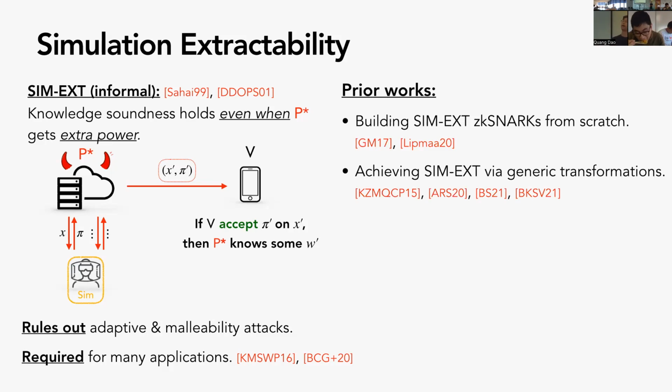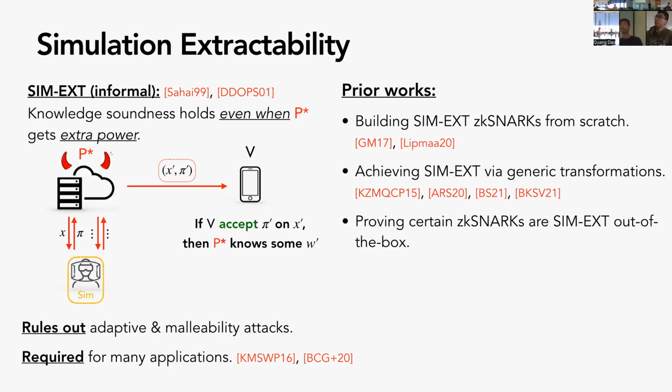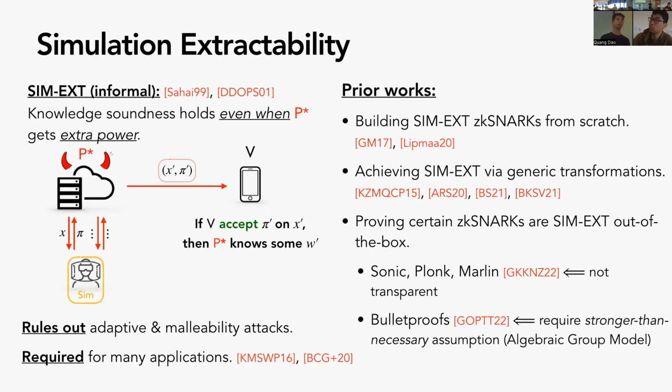Prior works have shown that we can either build zkSNARKs that satisfy SIM-EXT from scratch, or they can achieve SIM-EXT via generic transformations. But recently, people have shown that certain zkSNARKs satisfy SIM-EXT out of the box and without any modification. These results were shown for the proof systems Sonic, Marlin, and Bulletproofs.